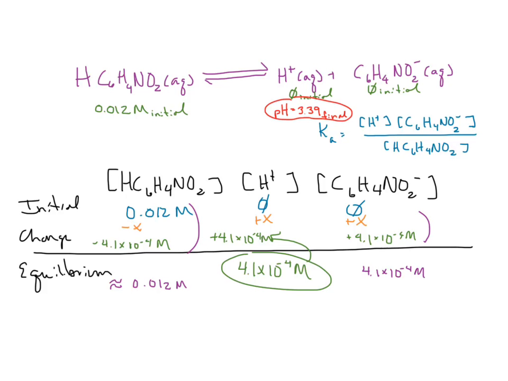Now here's the deal. The equilibrium concentrations, these are pretty obvious, right? Equilibrium concentration of the H plus and the conjugate base. So the equilibrium concentration of the weak acid, if in your calculators you take 0.012 minus 4.1 times 10 to the negative 4th, okay? But remember, since you're subtracting, you have to round according to 3 decimals.